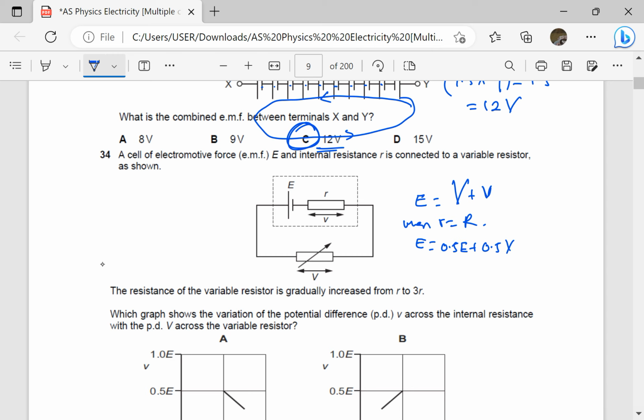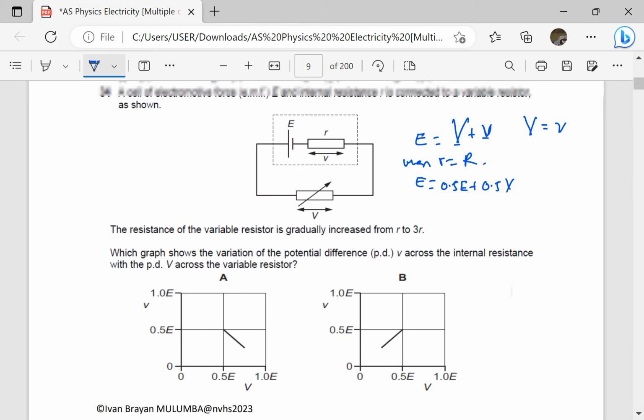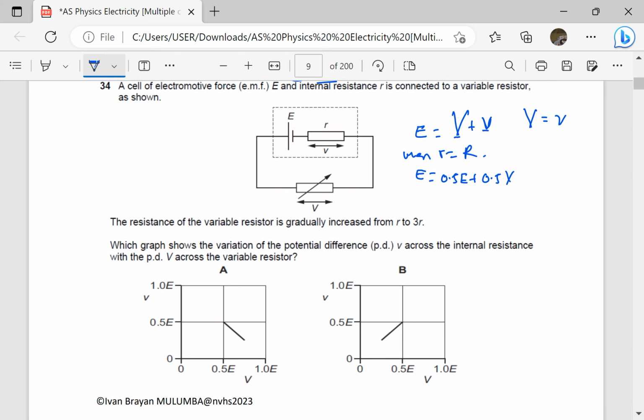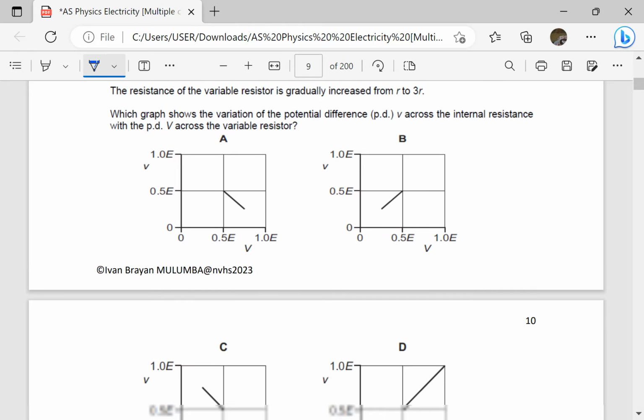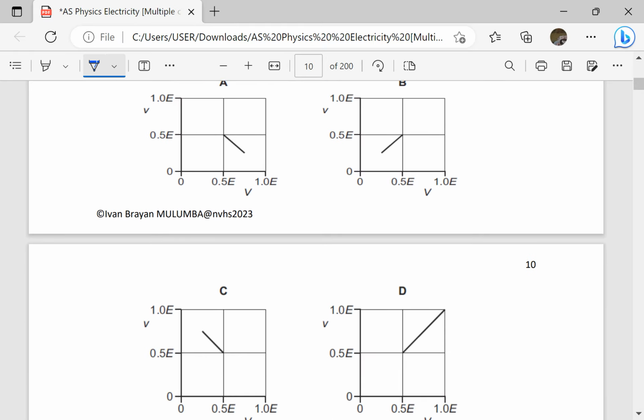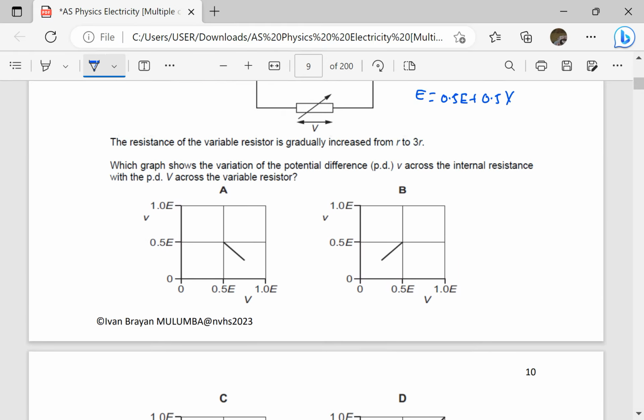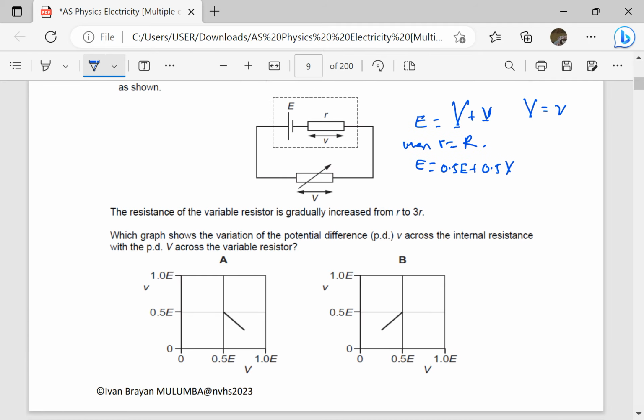This means the PD across capital V is 0.5E and small v is 0.5E. So our graph starts from 0.5E, and all graphs start from there. That can't help us eliminate anything.